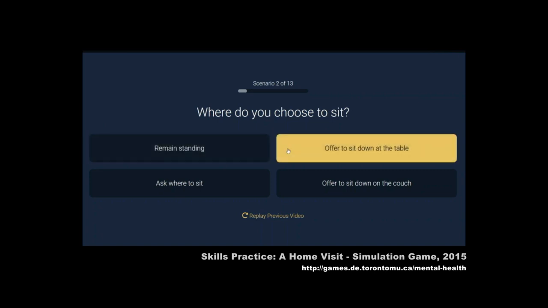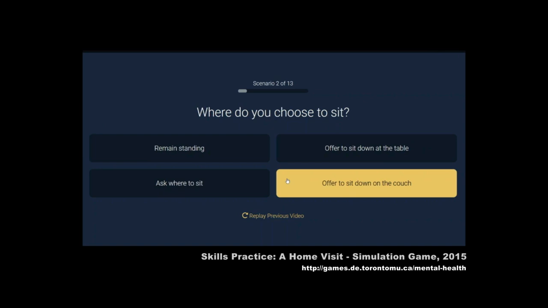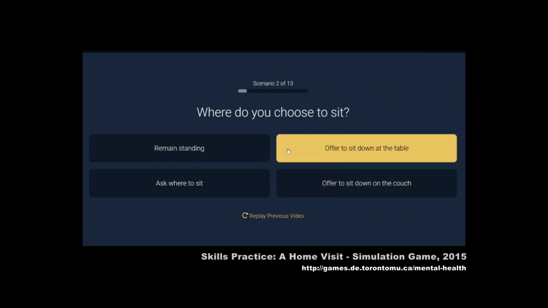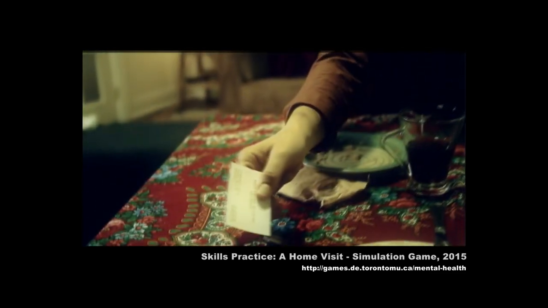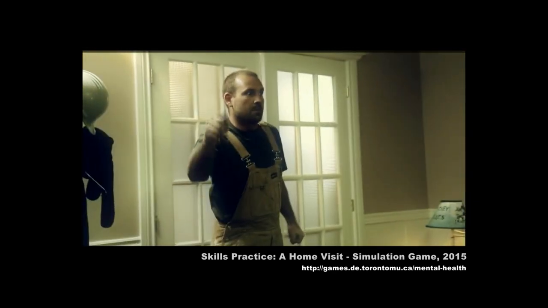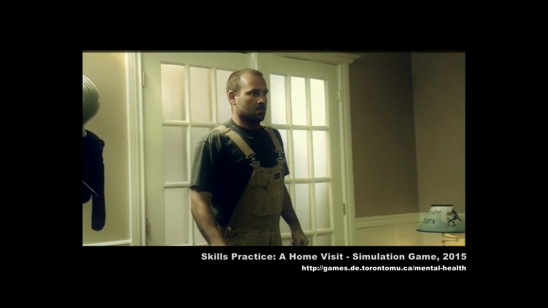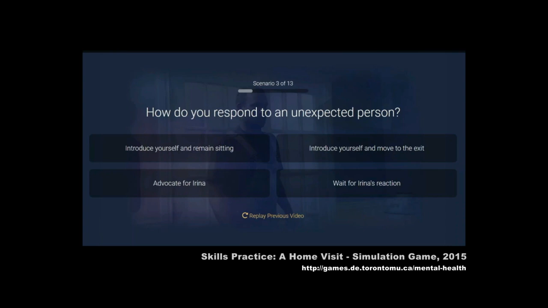Offer to sit at the table. Ask where to sit. Offer to sit down on their couch. You have chosen offer to sit at the table. Let's sit at the table. Okay. Here's my card. Oh, look at those bruises. Who is she and what is she doing here? How do you respond to an unexpected person? 4 options. Please choose your response.